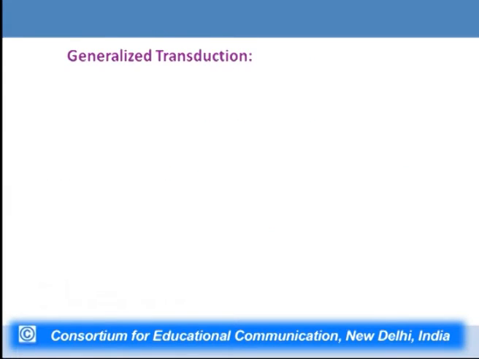So, starting with generalized transduction. Transduction, as we already know, is a process of genetic recombination which is brought about by bacteriophages. In this mechanism of recombination, a bacteriophage first infects a bacterial cell, and after that the DNA of the bacteria can get packed in the head of the bacteriophage.